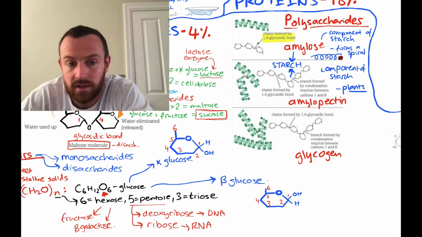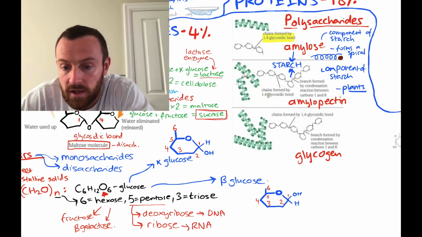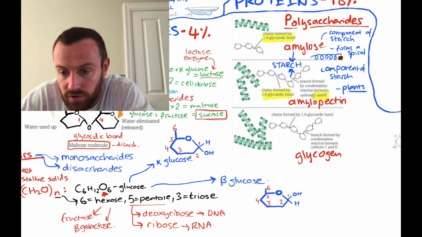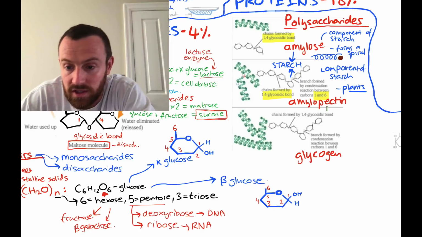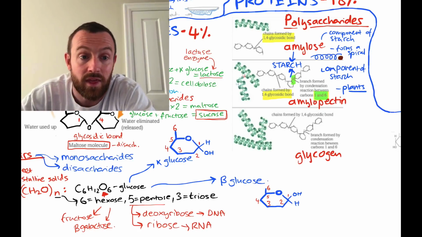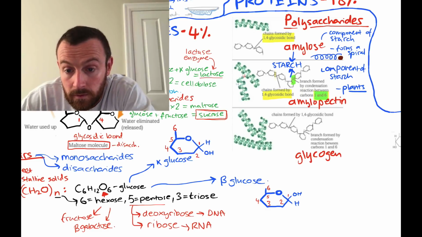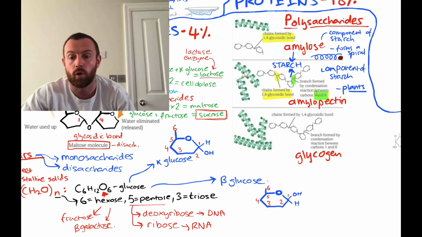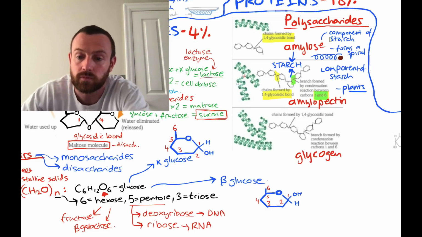Now, amylopectin contains two different types of bonds. It's got 1,4 glycosidic bonds, and it also has branches, which are introduced by these 1,6 glycosidic bonds here. Maybe I'll colour that one actually a different colour. Let's do that, and let's colour that like that there. Okay, so that's 1,4 and that's 1,6.